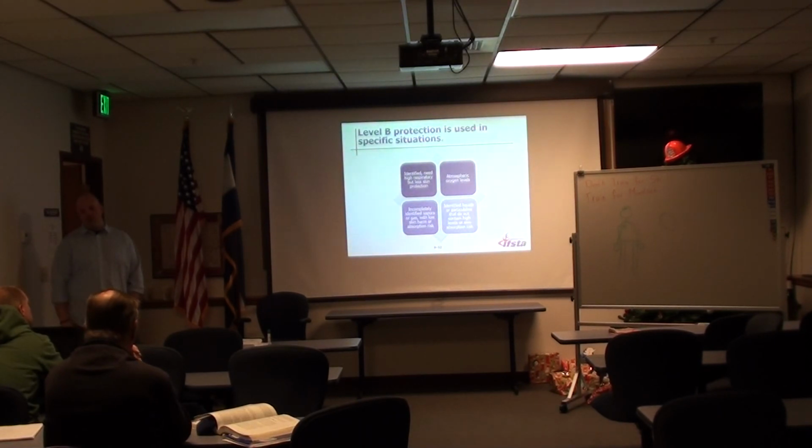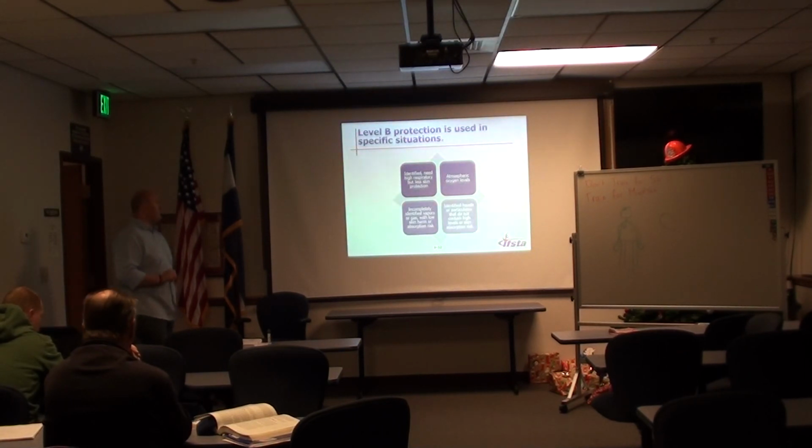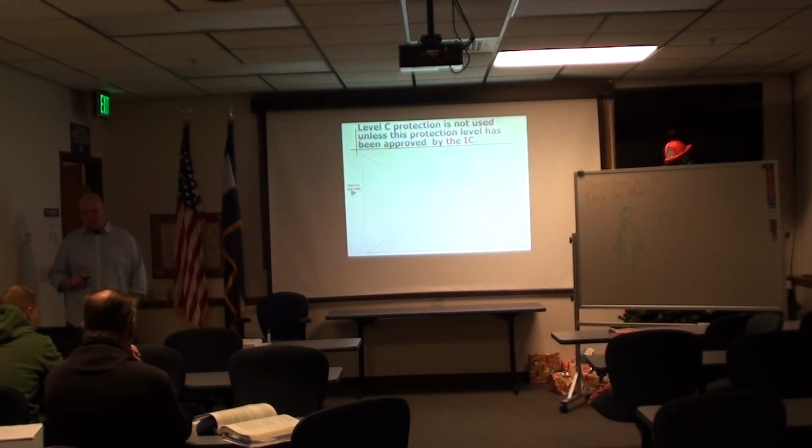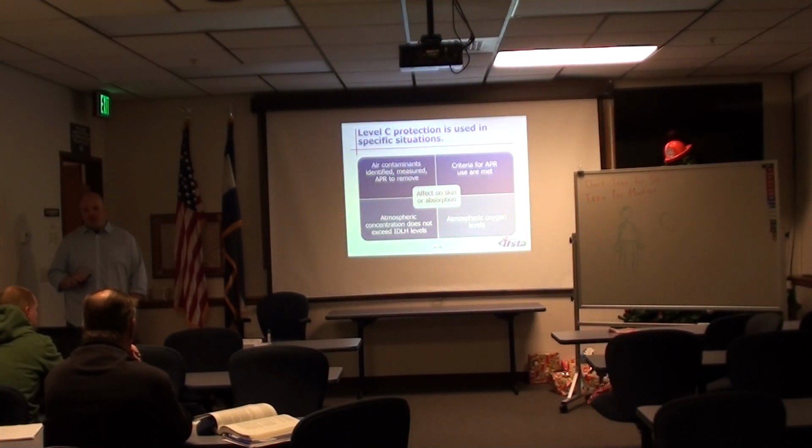Level B is used in specific situations. It's splash protective with positive pressure respiratory protection. High respiratory but less skin protection. Level C is essentially a level B. It's a splash protective suit.